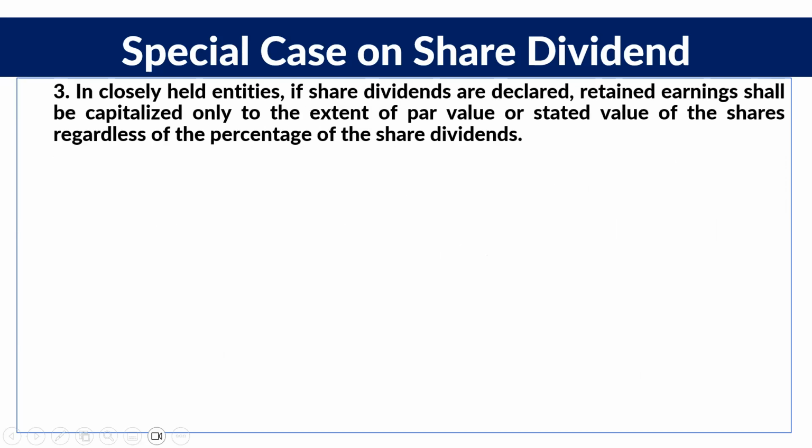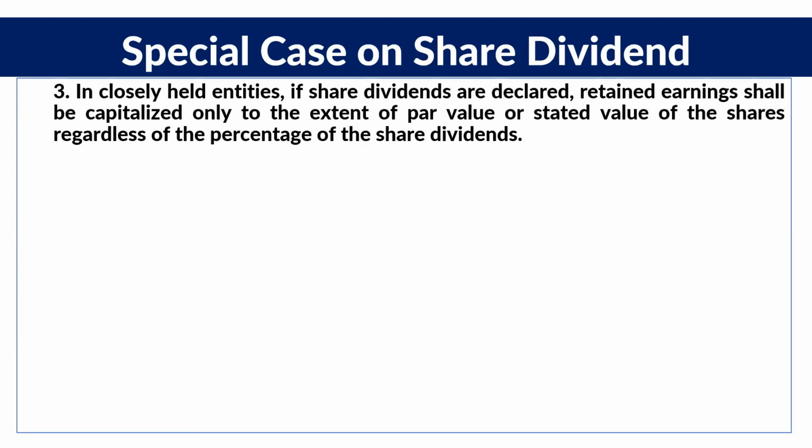Another is for closely held entities, those that are not publicly traded, the closed corporations. Take note that if they are going to declare share dividends, the retained earnings will be capitalized only up to the extent of the par value or stated value.